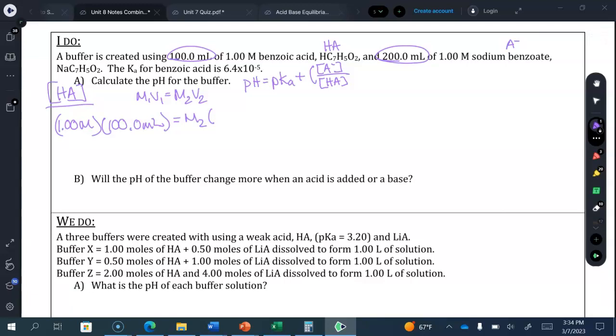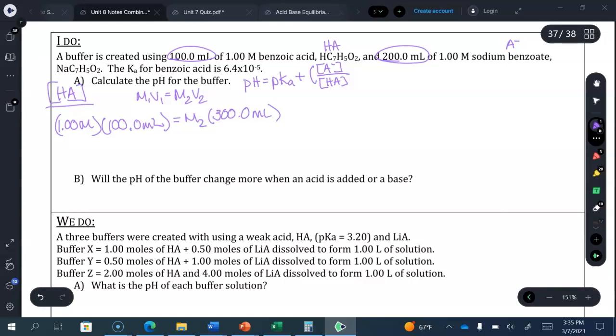That's 100 plus 200, which is 300 milliliters, because we're mixing those into one buffer system. Solving for M2, it is equal to 0.333 molar. And so that is the concentration of benzoic acid.